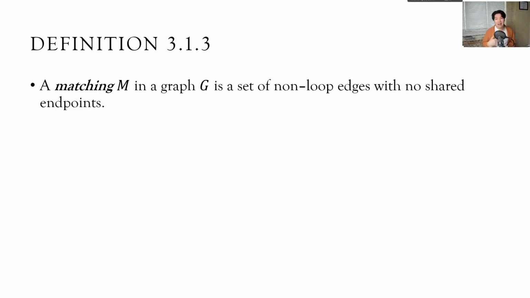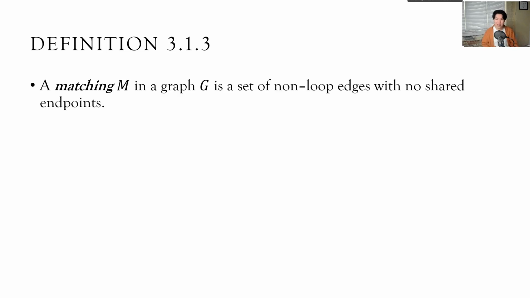Let's say that I have an edge set and call it M. M is a matching in a graph G if it is a set of non-loop edges with no shared endpoints. This is a little bit of an odd definition to think about, but I promise it's going to make a little more sense once we start seeing some examples. In other words, a matching is a group of edges that are standing alone.